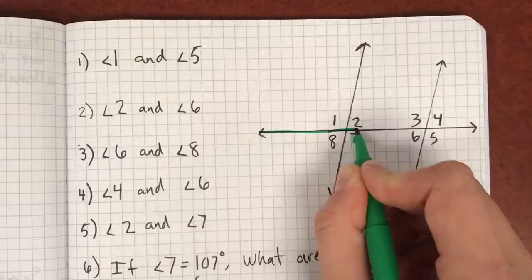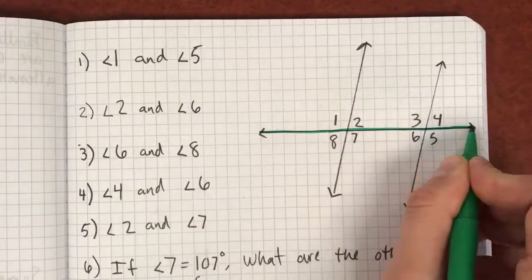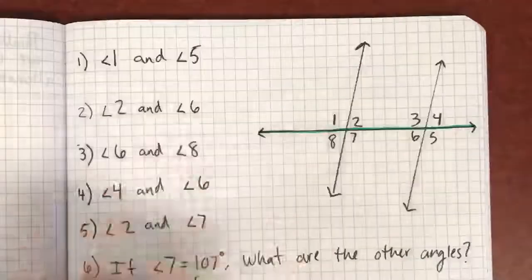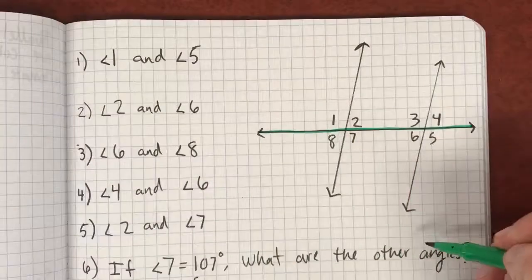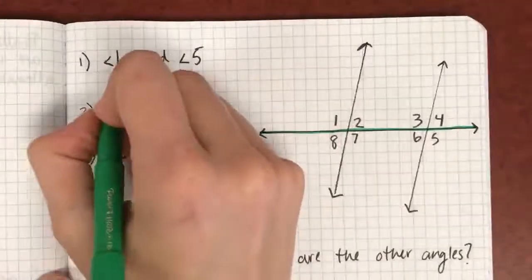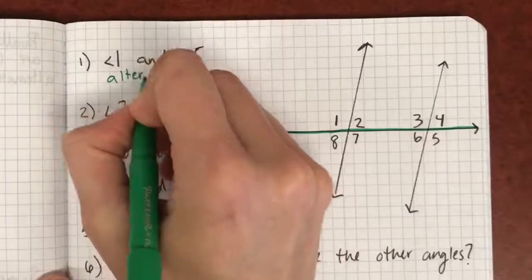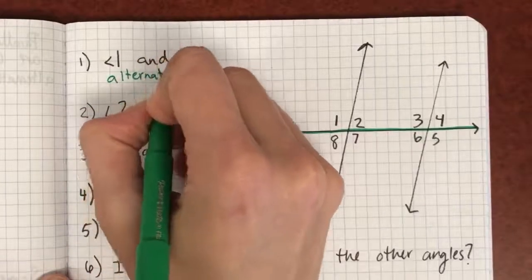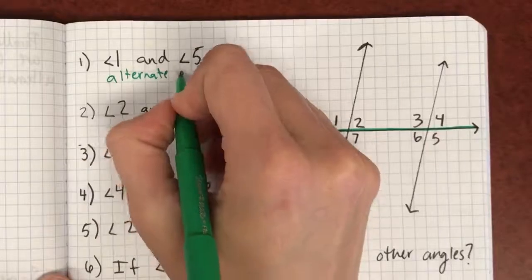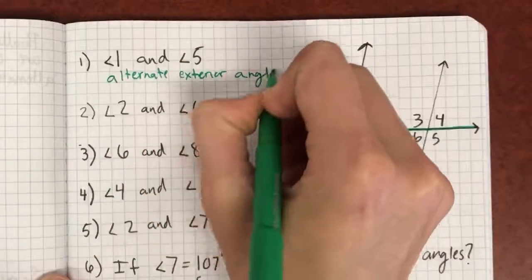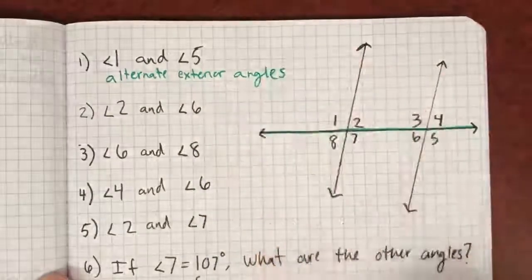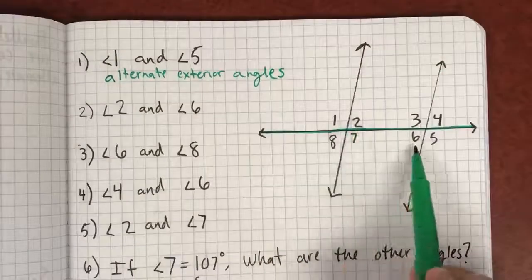I'll kind of highlight what our transversal is. They're on opposite sides, so I know they're alternate, and they're on the outside of our parallel lines. So these would be alternate exterior angles.